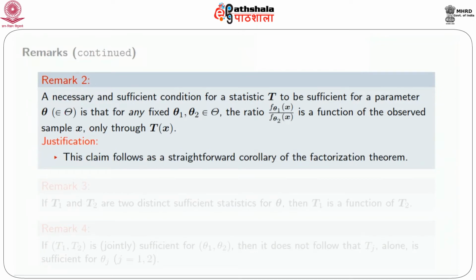We consider our second remark. A necessary and sufficient condition for a statistic capital T to be sufficient for a parameter theta is that for any fixed theta 1, theta 2 belonging to script theta, the ratio f theta 1(x) divided by f theta 2(x), this is the ratio of the PMF or PDF at the two points theta 1 and theta 2, is a function of the observed sample x only through T(x).